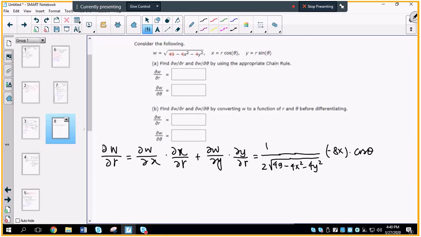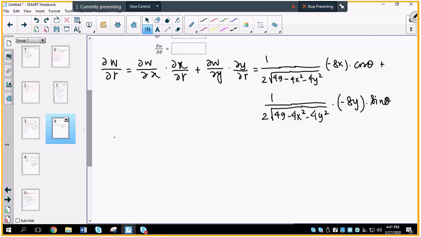Plus we do del w del y, the derivative is pretty similar. You will get 1 over 2 times the square root part, 49 minus 4x squared minus 4y squared. Then the derivative of the inside with respect to y, so I get minus 8y times del y del r, which is sine theta. So let's simplify this much.